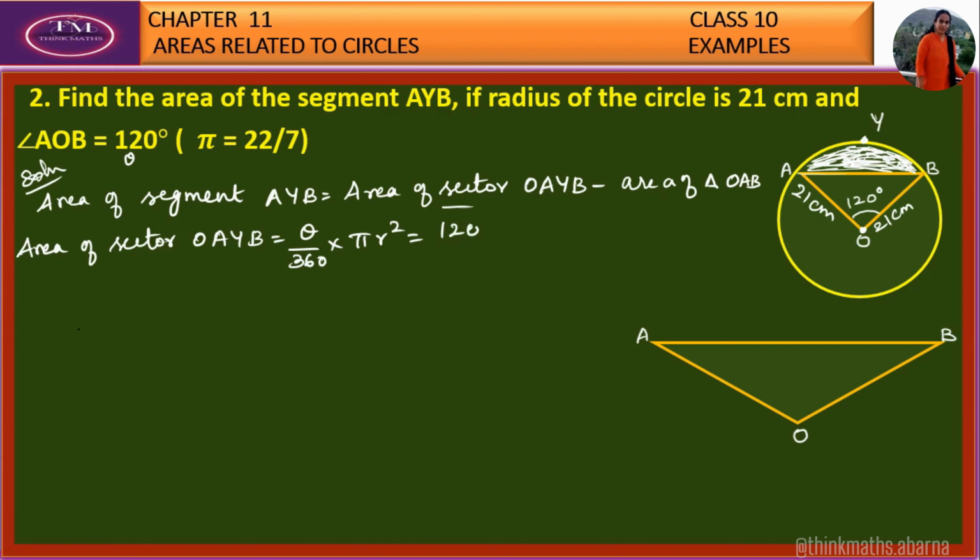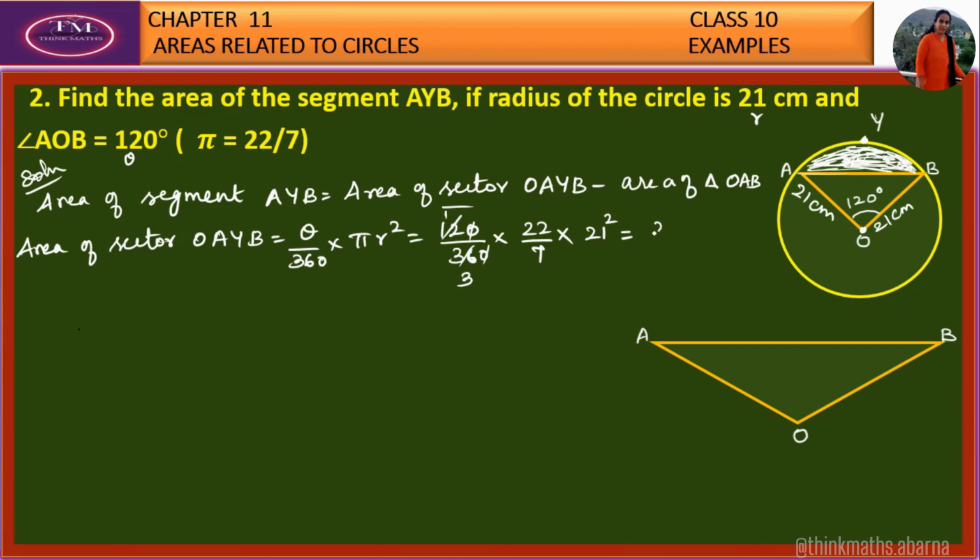So 120 by 360, pi is taken as 22 by 7. What is r? r is 21 centimeter, so 21 square. The zeros get cancelled. 1 12s are 12, 3 12s are 36.